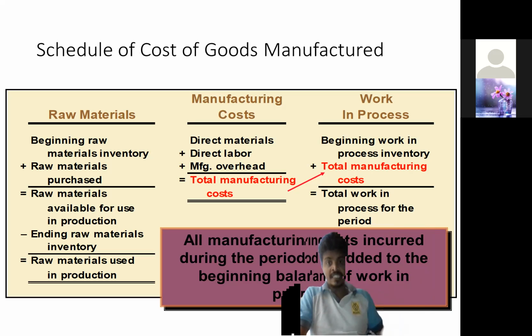Okay? Partially completed products in last period may be completed within this period and transferred to the stores. The cost which we incurred within this period is in the total manufacturing cost, but when we are identifying the product cost, we need to identify cost which we incurred last period also.